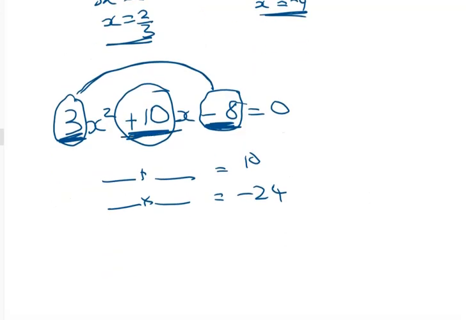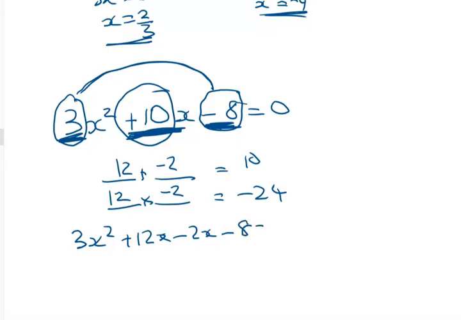What it does is it's going to give us a way that will break this up so that we can basically do the grid method backwards on it. But it's quite hard to show you in this video why it's all going to work. So in here, we're going to have 12 here and negative 2 here, and 12 here and negative 2 here, right? And that will give me 3x squared plus 12x minus 2x minus 8 equals 0.